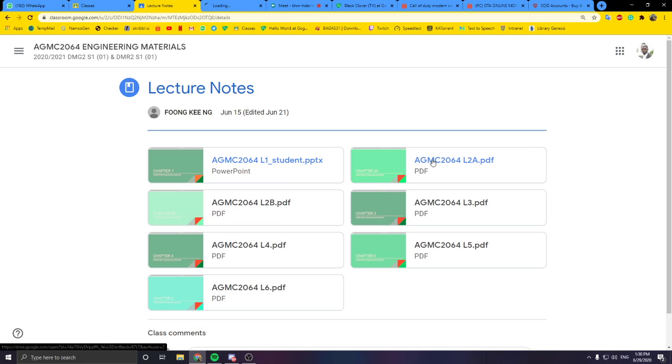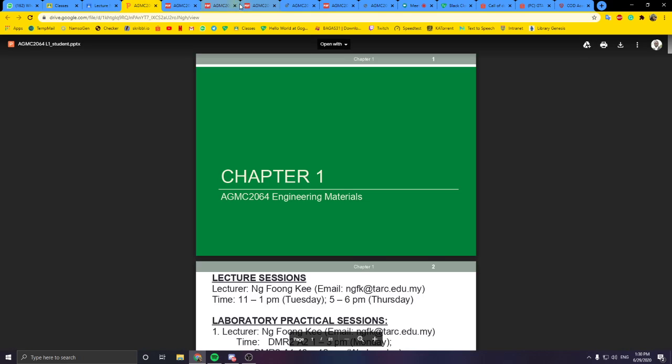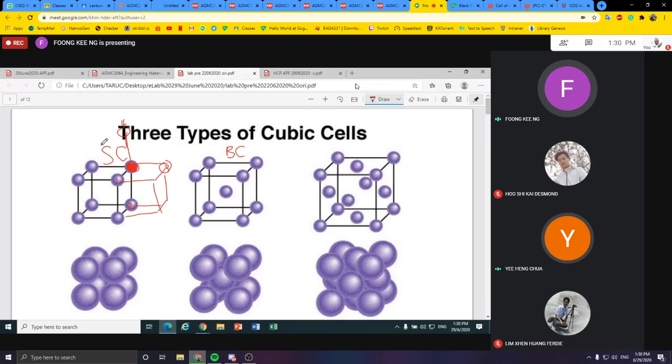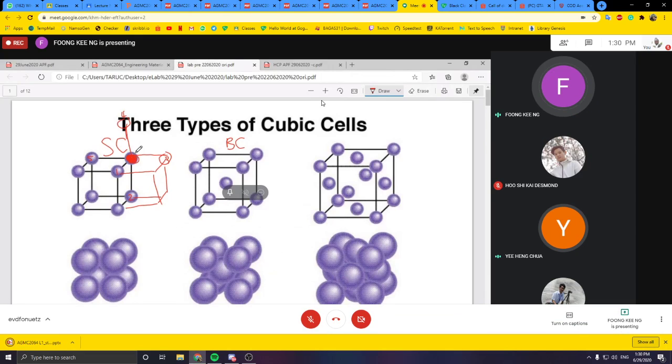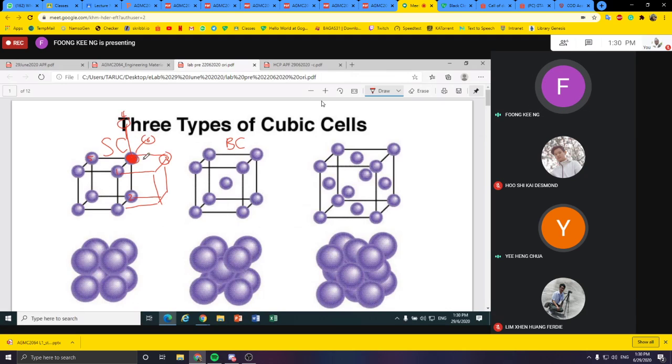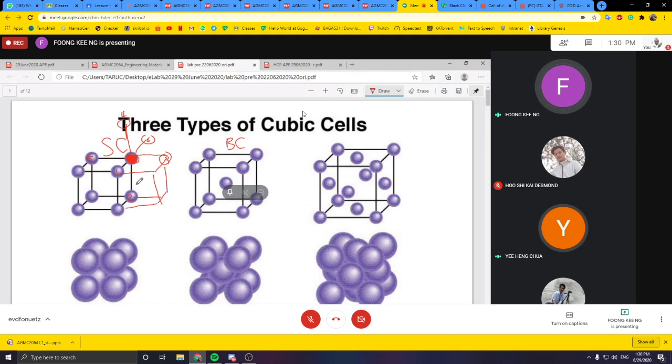So if you talk about your atom at this corner here, it is in close proximity to atom 1, 2, there's one more here, 3, 4, 5, and one more at the back here, 6. Are you clear? So therefore the coordination number for simple cubic is 6.